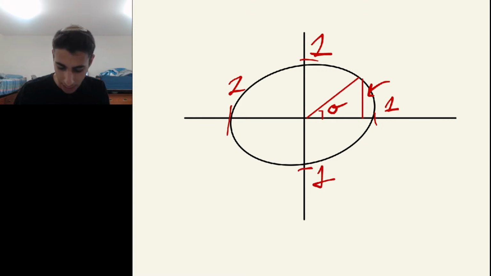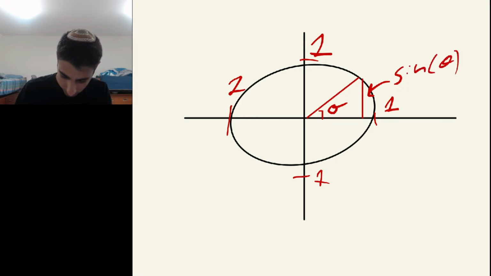Okay? So the sine of theta is the y component of our triangle. The cosine of theta is the x component of our triangle. This is the definition of sine and cosine, by the way, so don't ask me why.